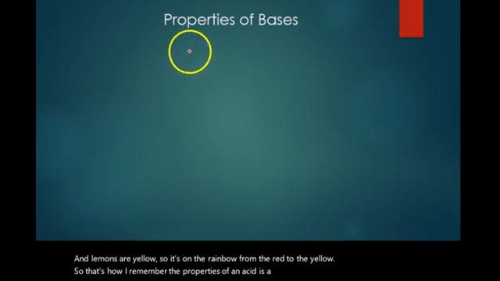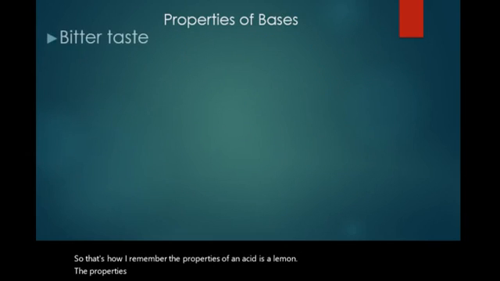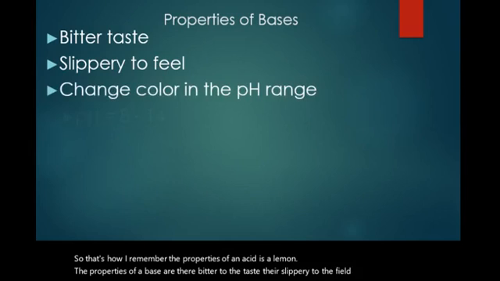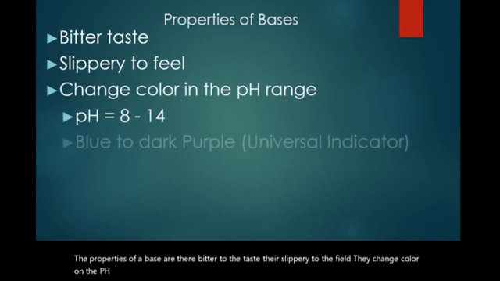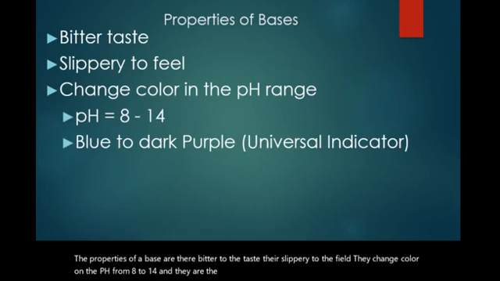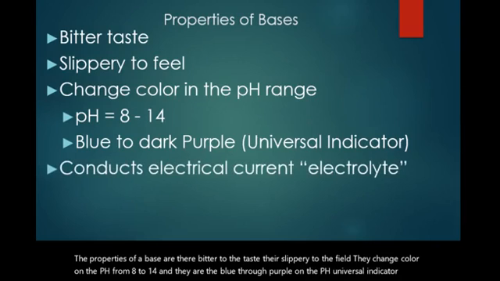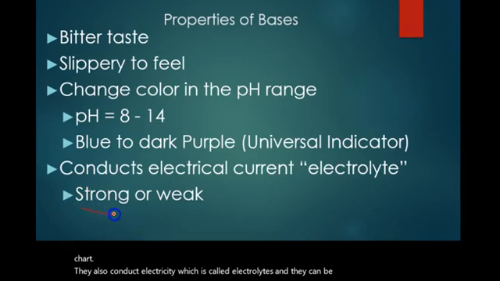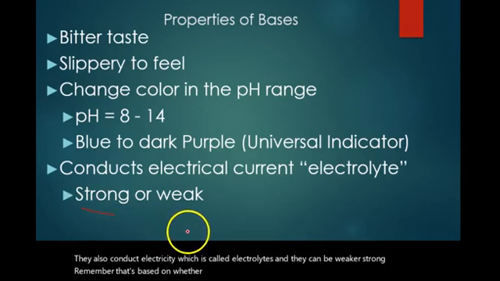Okay. The properties of a base are they're bitter to the taste, they're slippery to the feel, they change color on the pH from 8 to 14, and they are the blue through purple on the pH universal indicator chart. They also conduct electricity, which is called being electrolytes, and they can be weak or strong. Remember, that's based on whether or not they fully dissociate.